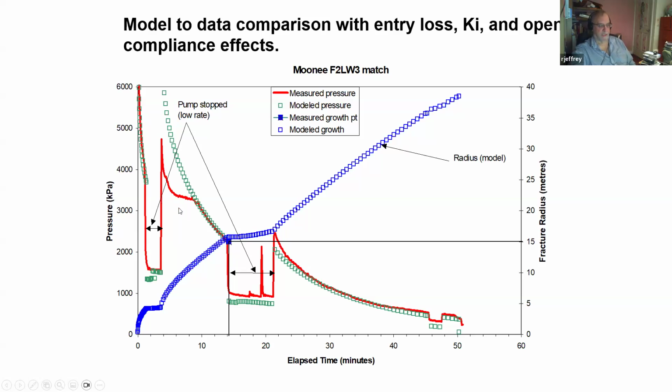And here's a record of the recorded injection pressure in red, the modeled injection pressure in green, and the modeled fracture growth with the open blue squares. And the one point we had to calibrate the model to was a solid blue square at about 15 minutes into this treatment.